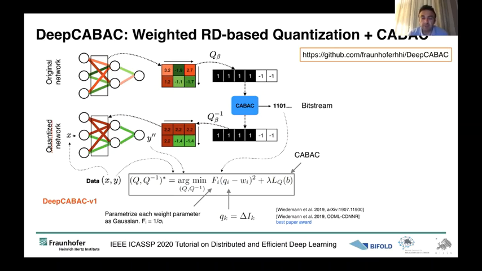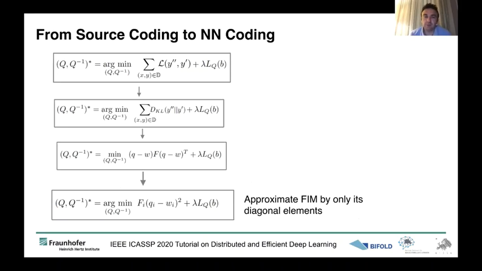And we have these weights Fi, which tell us how much impact the distortion of this weight has on the output. Because, as I said before, we wanted to minimize the distortion in the output. So we wanted to have a compressed network or quantized network which has a similar prediction behavior.